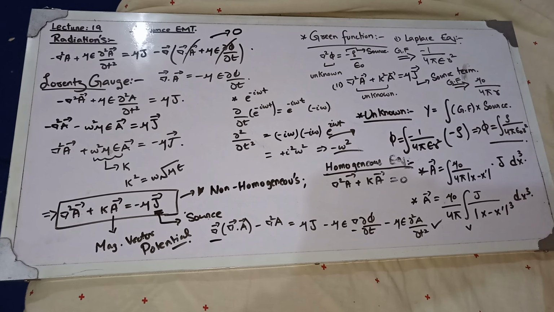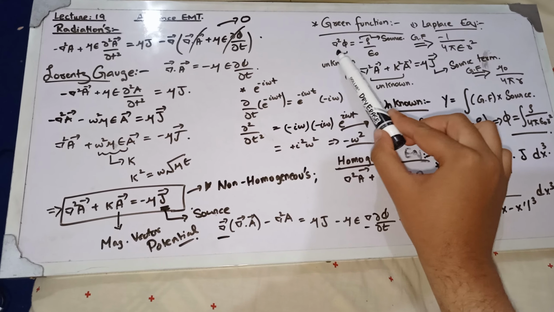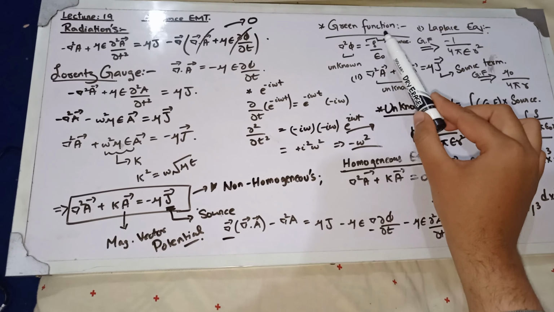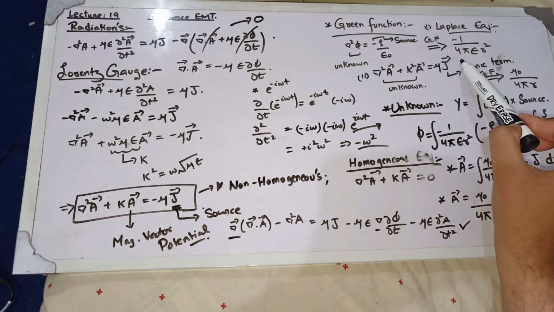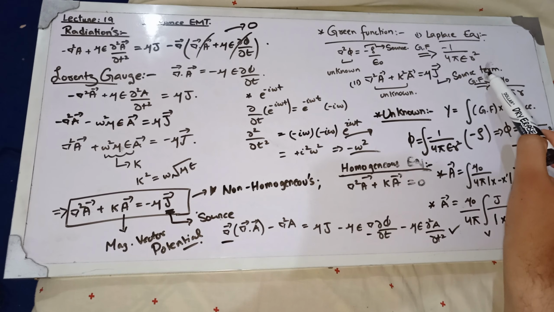Just remember that these terms are called the unknown terms, like this is unknown and this is unknown, and these terms like charge density and current density can be considered as the source terms.